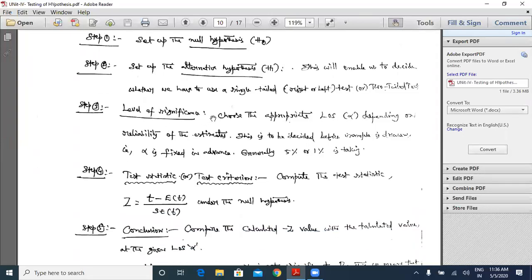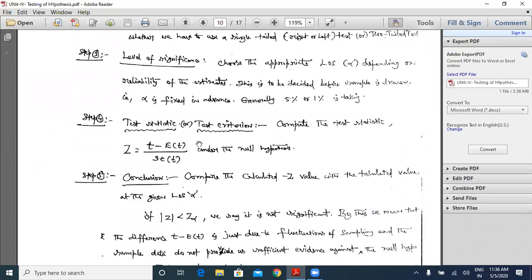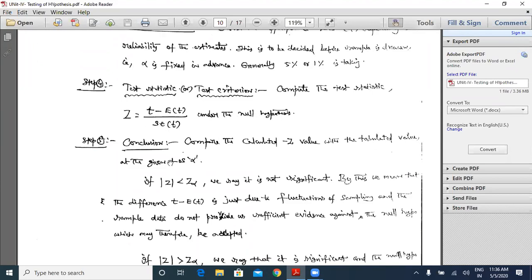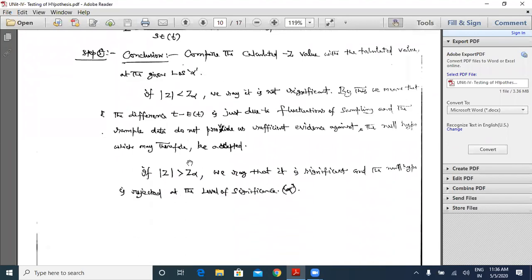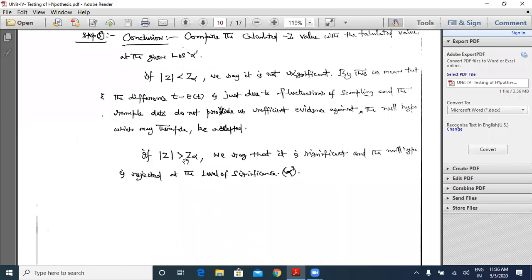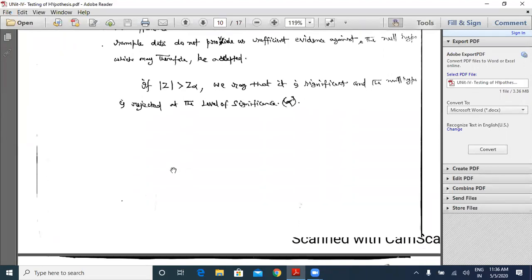Then choose the level of significance, generally 5% or 1%, and the statistic is Z equal to T minus expectation of T by standard error of T under H naught. And conclusion: if the calculated Z value is less than the table Z value, accept, otherwise reject. In case of a left tail test, it will be different: if the calculated Z value is greater than the table Z value, we accept, otherwise we reject.